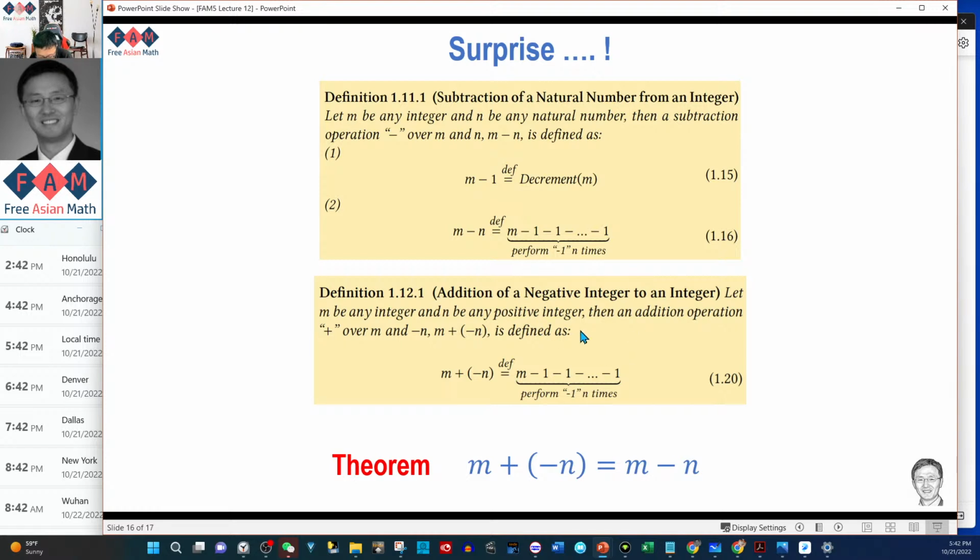Look at what we have now. Well, the title is different, but the actual definition portion looks exactly the same. In the previous one, we have decrement, decrement from m. Here, once again, we have the same thing.